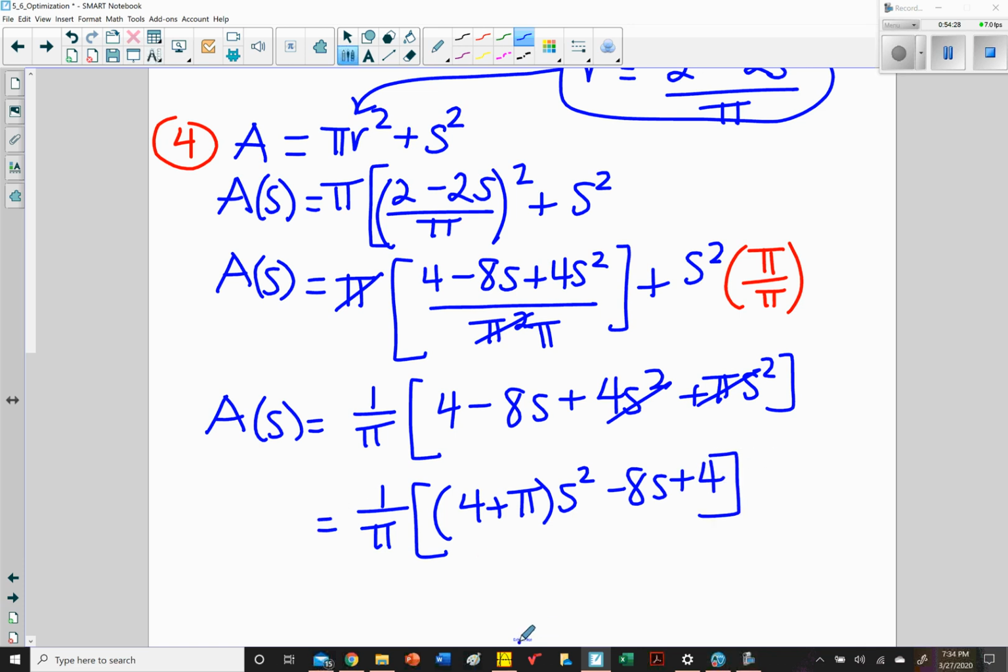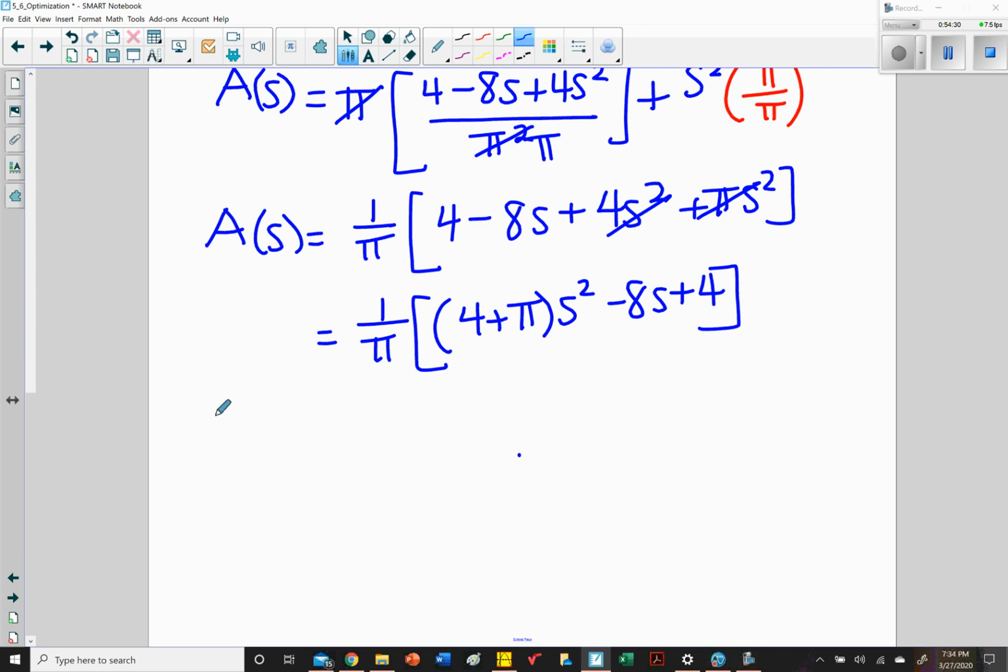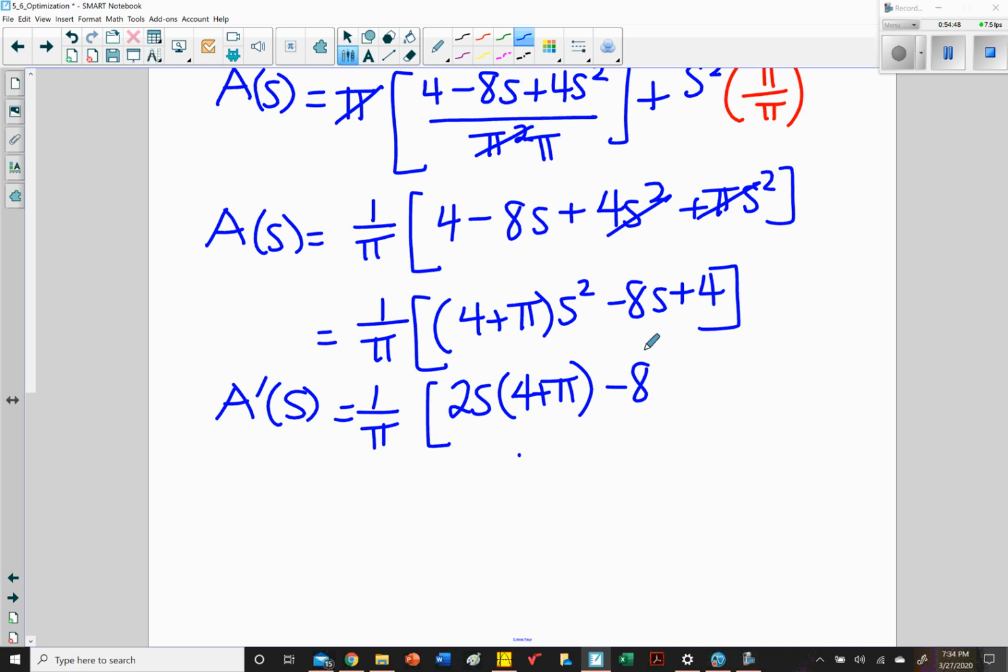And then take the derivative. Ooh, this is a long problem. So A prime of s is 1 over pi, and this would be 2s times (4 plus pi) to the first power, minus 8. The derivative of 4 is 0. And we want to know, when is this equal to 0?